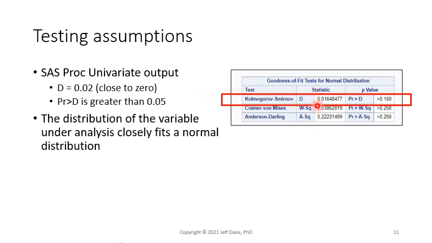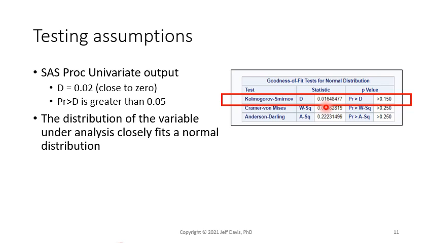Here we see that it's 0.016, or we'll say 0.02, and that's pretty close to 0, given that you have essentially 0.98 points above that as a possibility.